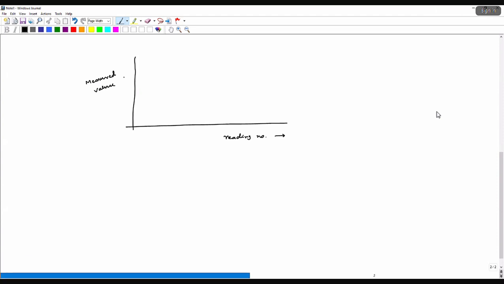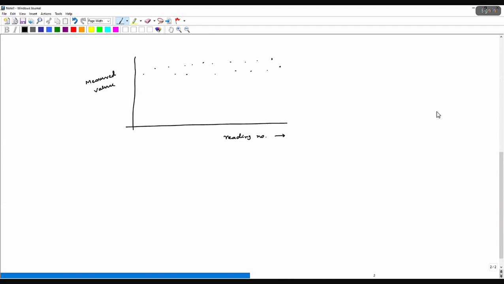If you plot it, the first reading can be here, the second reading can be there, the third reading can be there. You can have all kinds of fluctuations. You are never going to get a single value.